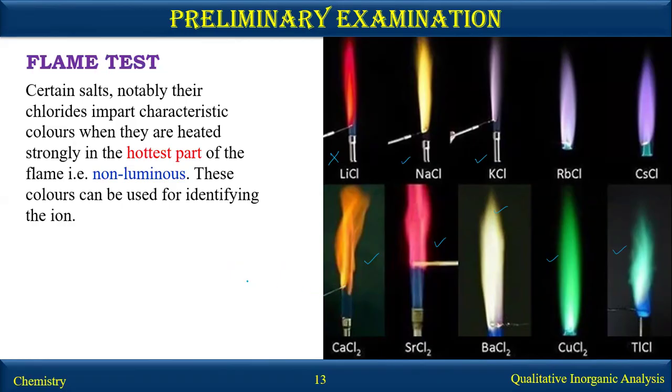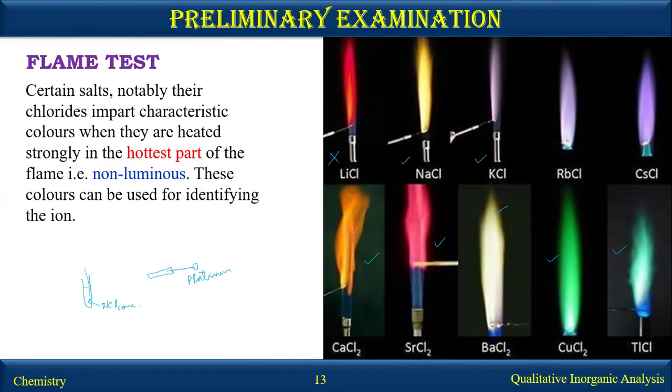So what we do, we perform this test by taking a wire loop that is made up of platinum. First we dip it in the solution containing concentrated HCl.